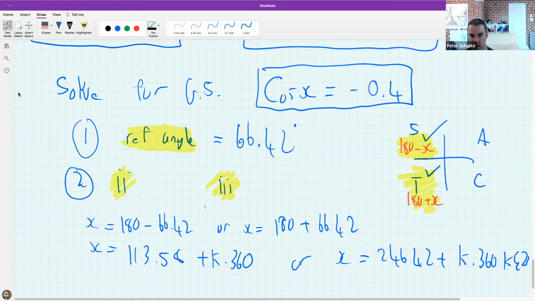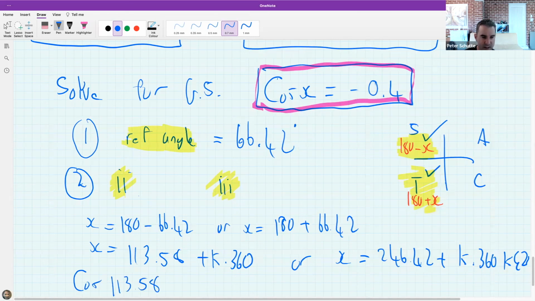But how is it positive in quadrant 3? It's not positive in quadrant 3. It's negative because at the very beginning, the question said cos was negative. As a test for the answer, put this into your calculator. Just to show you that this works, put the cos of 113.58 in your calculator and see what you get.